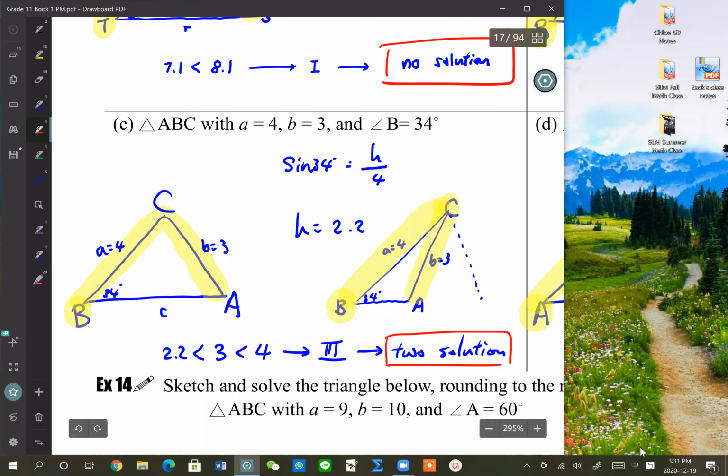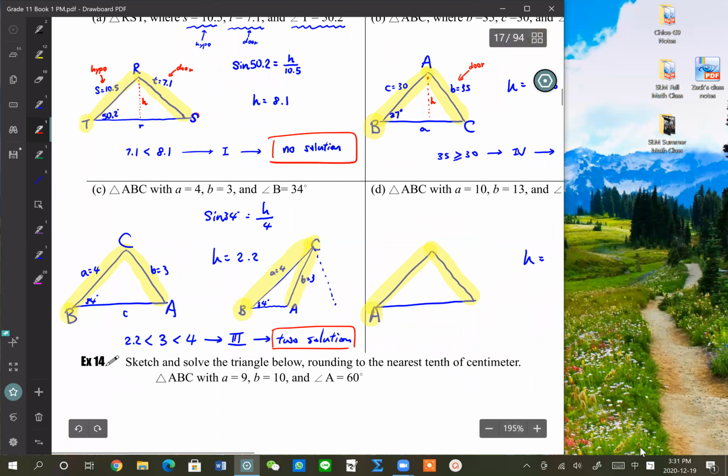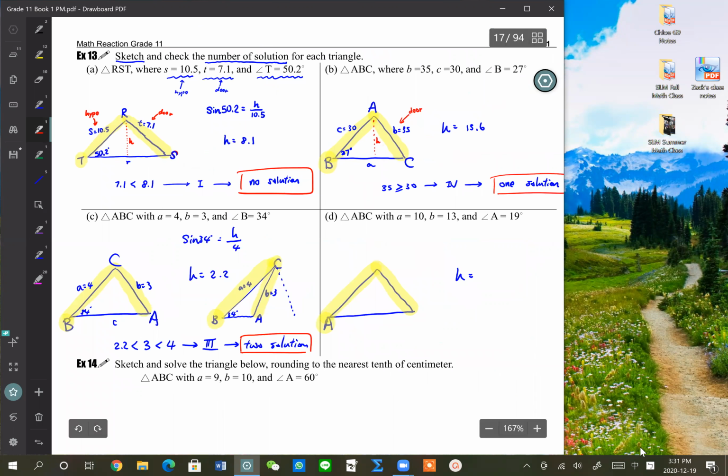Okay, if you still have some people working on D, if you finish D, raise your hand. Angle A is 19.